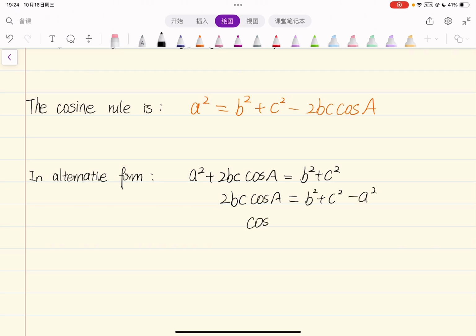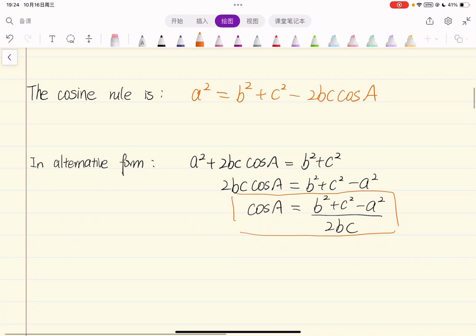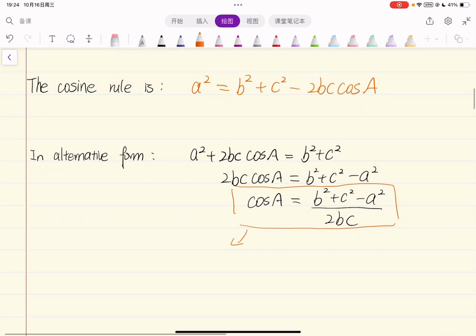Thus, cosine A equals (b squared plus c squared minus a squared) over 2bc. Here is another form of that. You can use it to find an angle if you know all three sides.